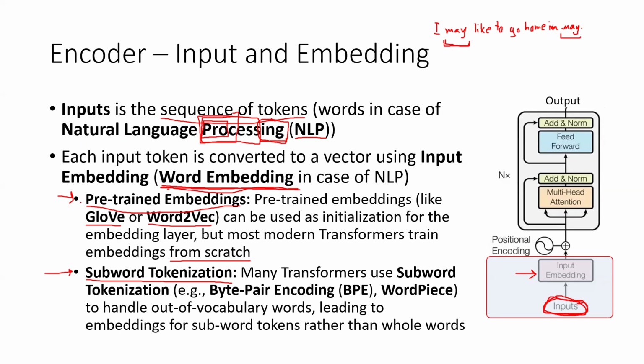So that is the traditional pre-trained embedding technique, where each word is considered as a single token. But with subword tokenization, we can tokenize even small parts of a word as a single token.